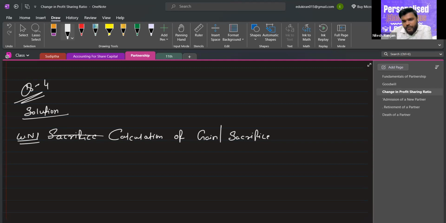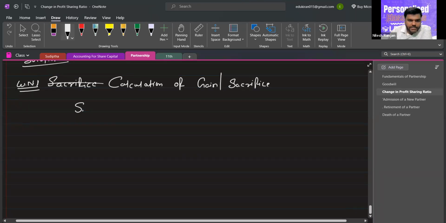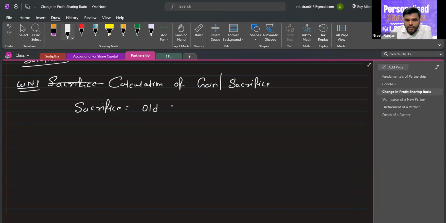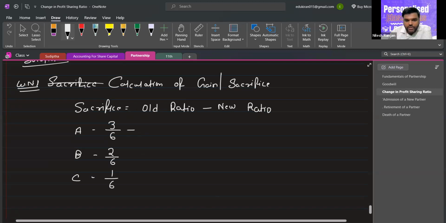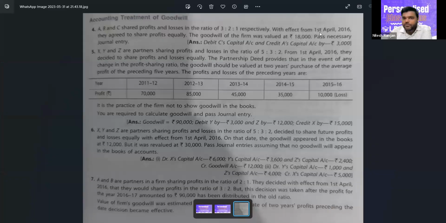After that, we will write sacrifice equals old ratio minus new ratio, for all the partners A, B, and C. Their old profit share was 3:2:1. So 3/6, 2/6, 1/6. And their new ratio is equal because with effect from 1st April 2016, they agreed to share profits equally.